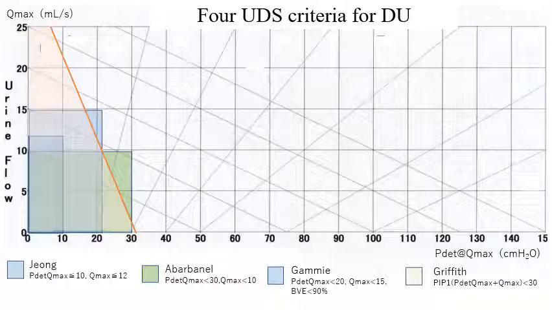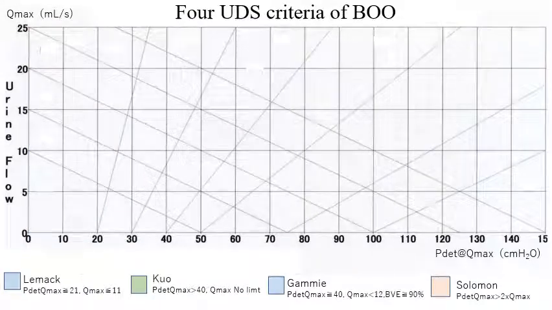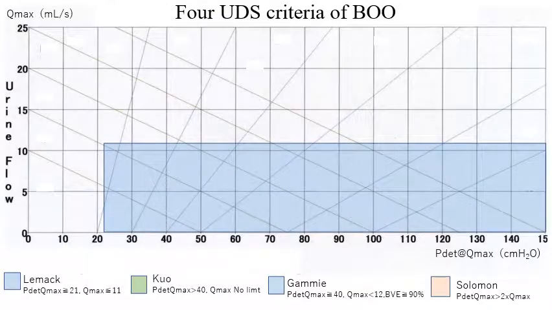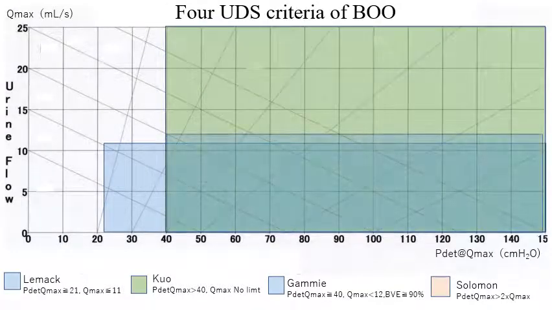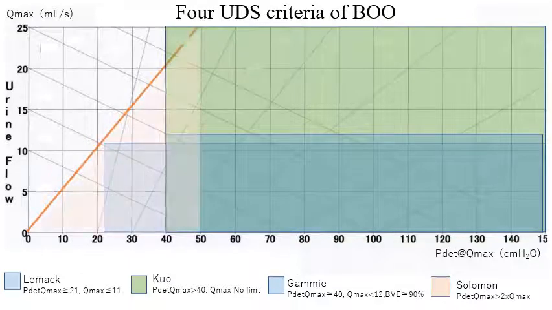In this way, every categorized region overlaps each other. For UDS criteria for BOO, like the previous slide, the BOO regions defined by Limac, Core, Yami, and Solomon were overlaid in a Schafer nomogram. Every BOO categorized region overlaps each other like the DU criteria regions.